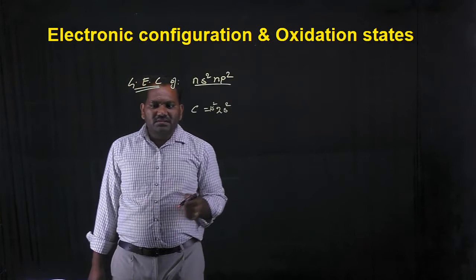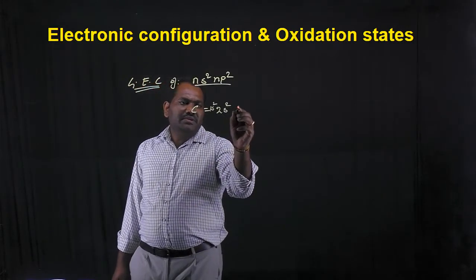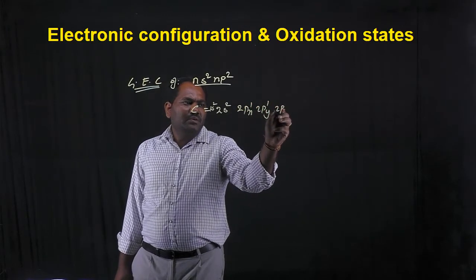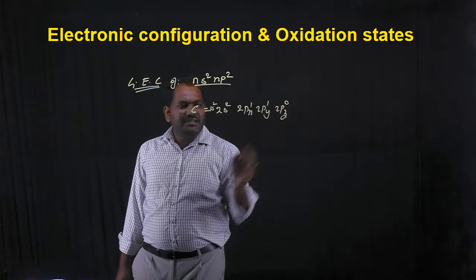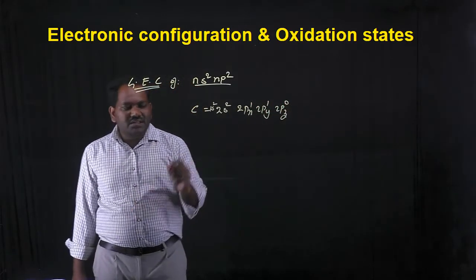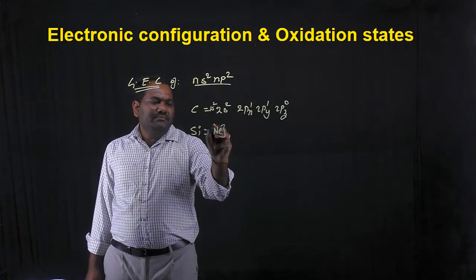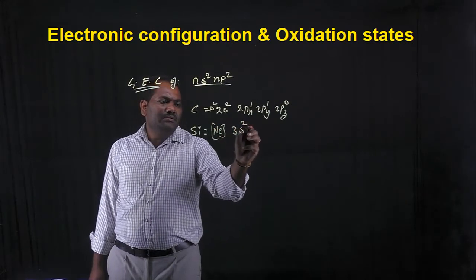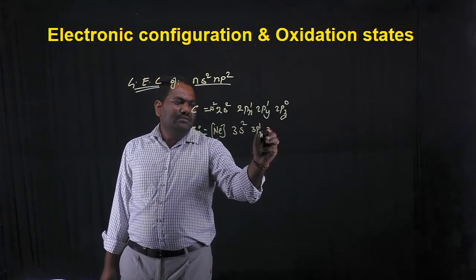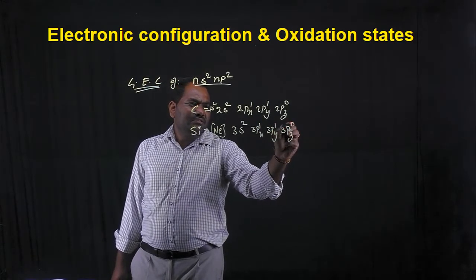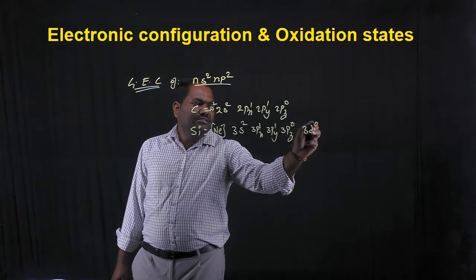So 1s2, 2s2, 2px1, 2py1, 2pz0. And the silicon electronic configuration is neon 3s2, 3px1, 3py1, 3pz0 and 3d0 also.